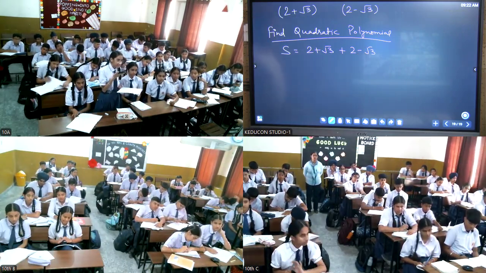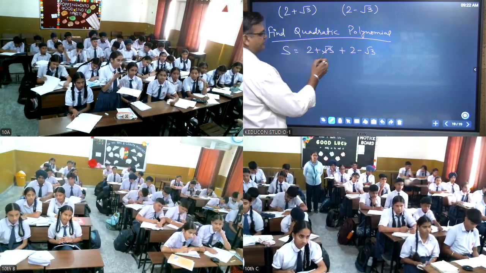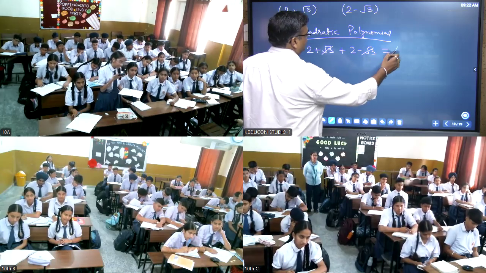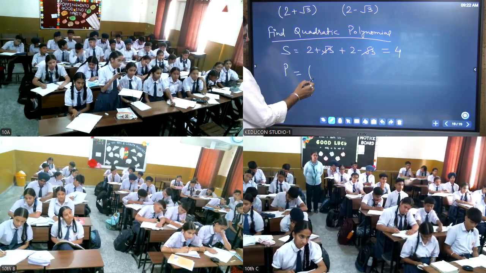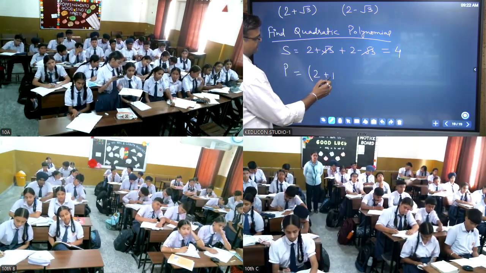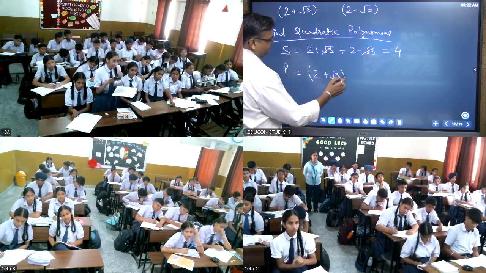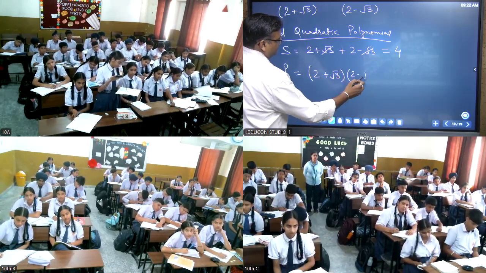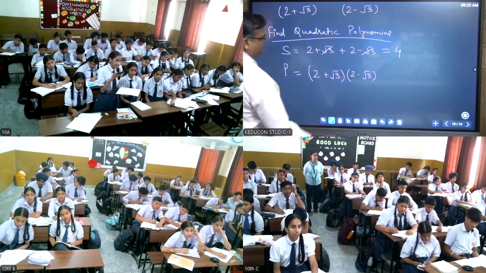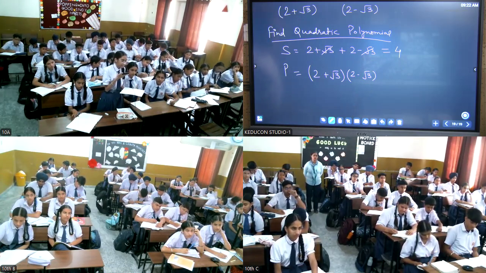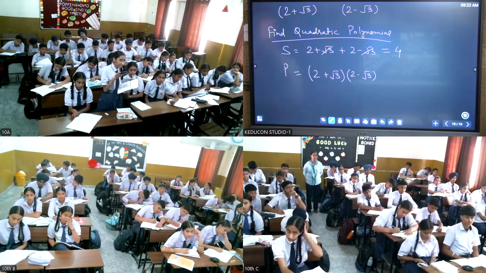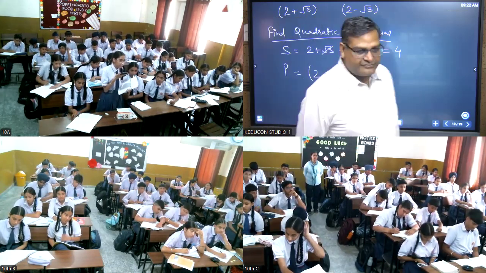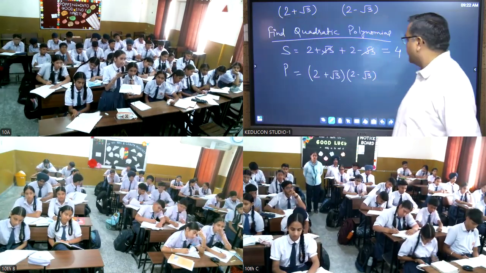Sir, root 3 will cancel, right. It gives us 4. Then we have to find the product of zeros. How to solve this? Sir, we will apply an identity: a plus b and a minus b is equal to a square minus b square.